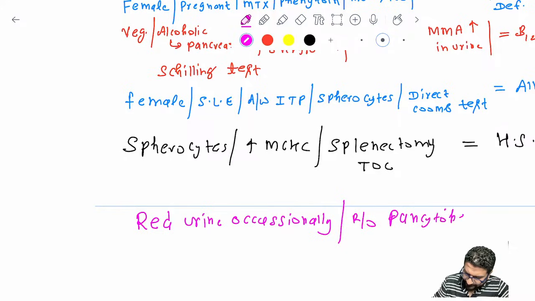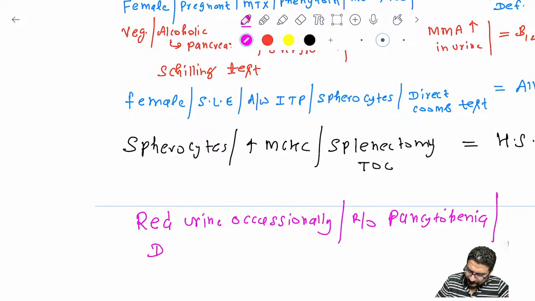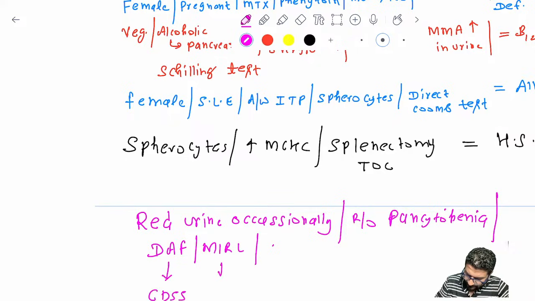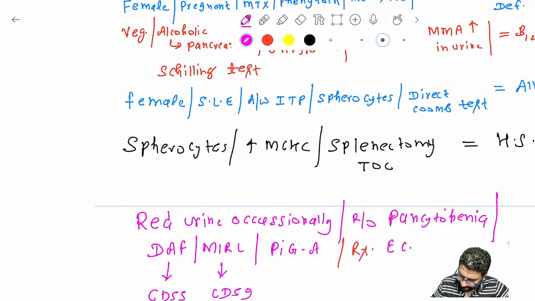It occurs due to DAF and MIRL mutation. Or they can use CD markers: the CD marker for DAF is CD55, for MIRL it is CD59, and there is a gene mutation called PIG-A gene mutation. To manage this condition, in treatment we give eculizumab.